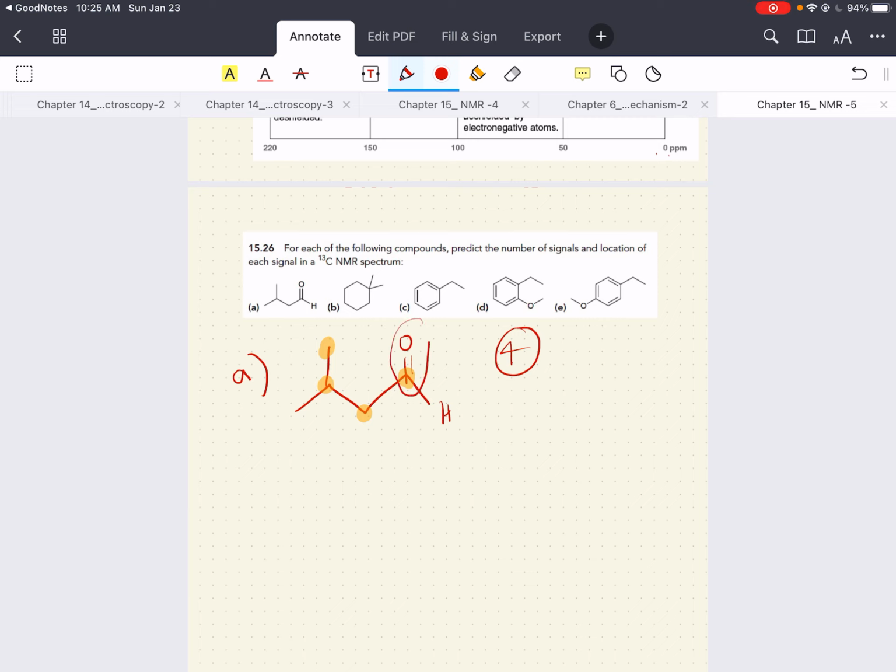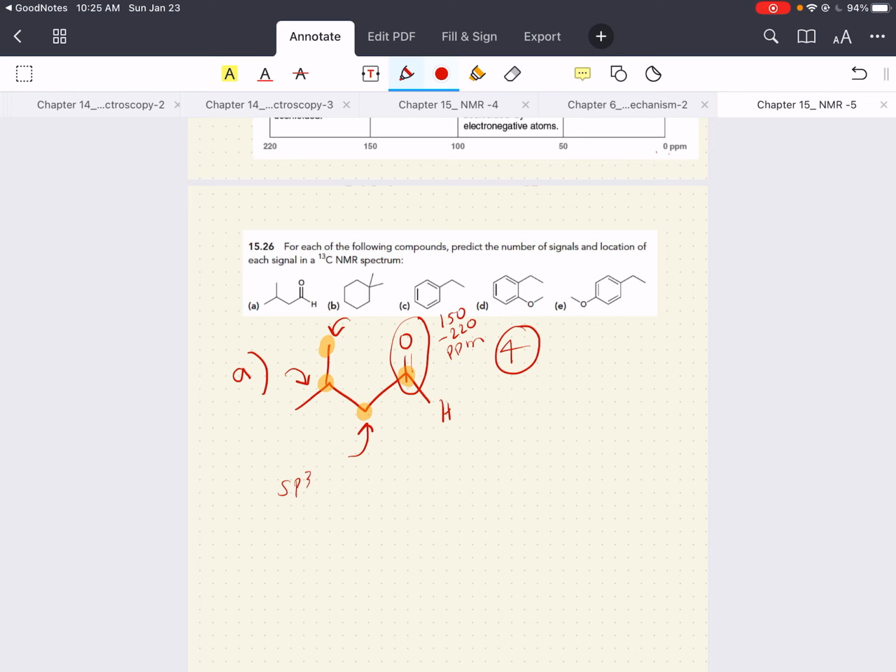This carbonyl group is going to show up between 150 and 220 ppm because it's a carbonyl. This is a CH2, this is a CH, and this is a CH3. All our sp3 hybridized carbons are going to show up anywhere between 0 and 50 ppm. So we're going to have 3 of our signals between 0 and 50, and 1 signal between 150 and 220 ppm.